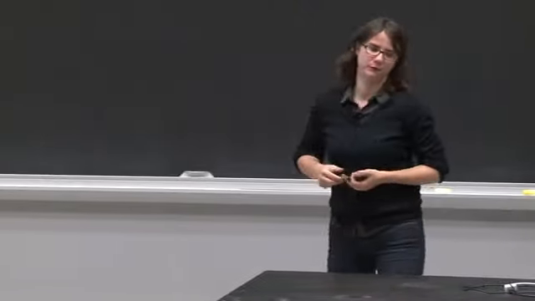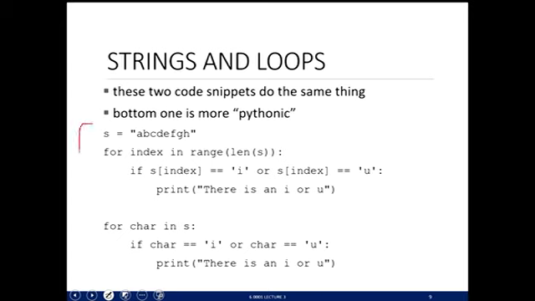Okay. So here are two pieces of code, this one and this one here. Okay. These two pieces of code both do the exact same thing. Okay. To me, possibly to you, this one looks a lot more readable than this one, right? Just at a first glance.